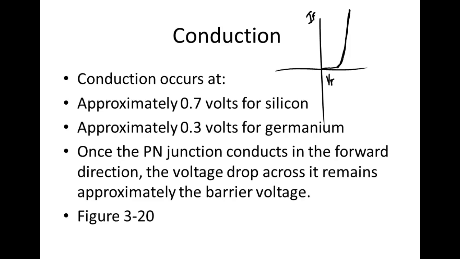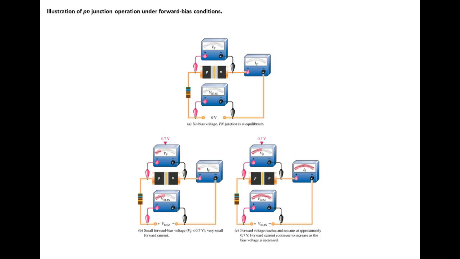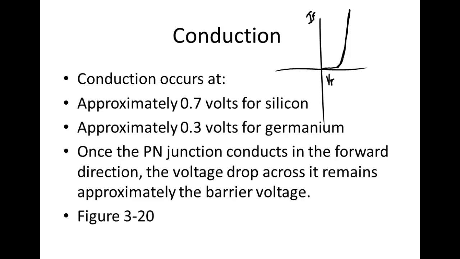So that is not exact. When we put this in a circuit, we've done this with a meter. Here they've got an ammeter. By the way, we're going to develop this curve. One of the first labs you're going to do is develop this curve.